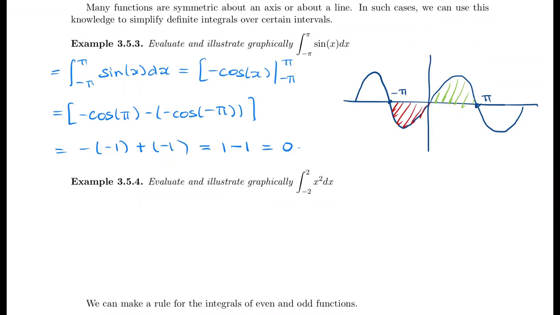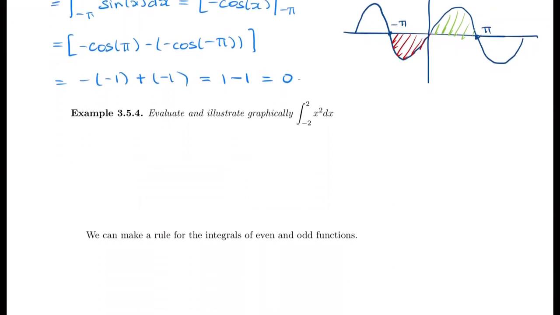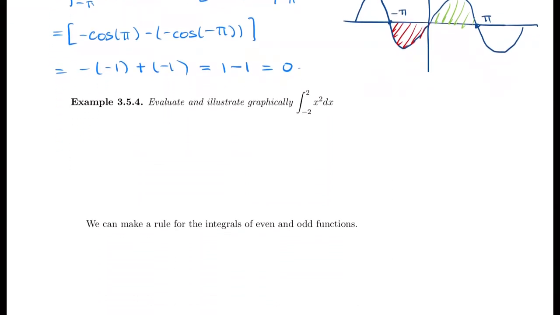All right, so that's for the first one. Now let's have a look at the second part, where we have the integral from negative 2 to 2 of x squared. So graphically, it would look something like this. So we have this parabola, although not the best drawing. So say here's negative 2.